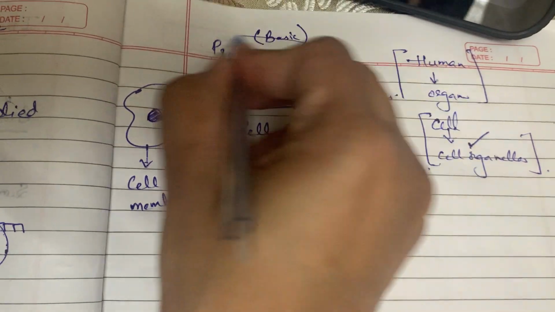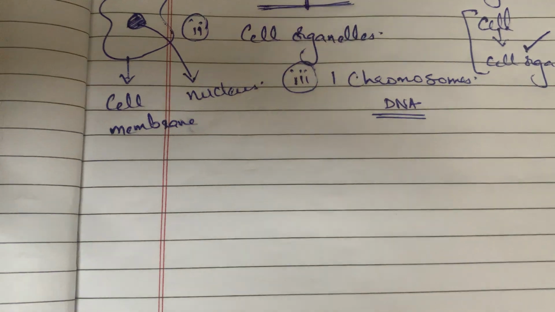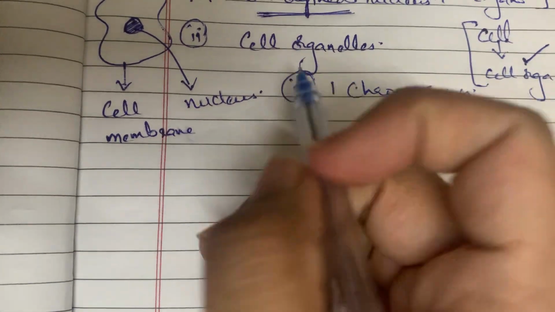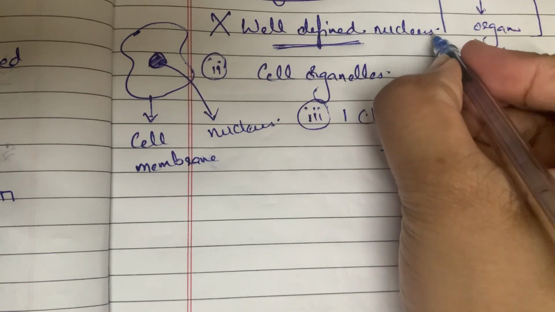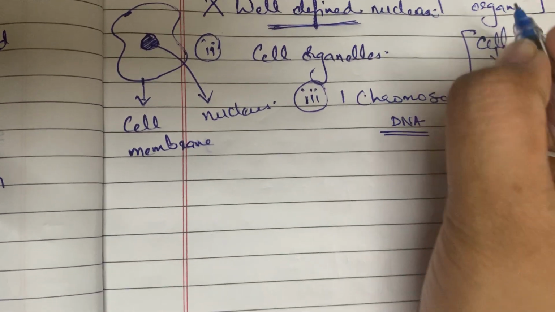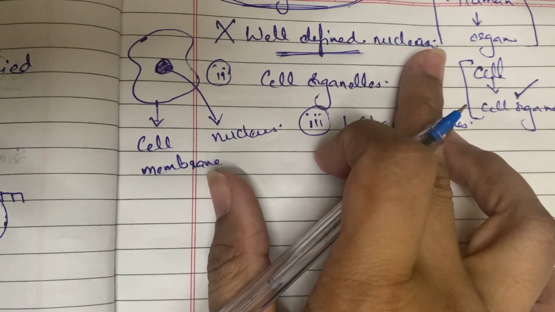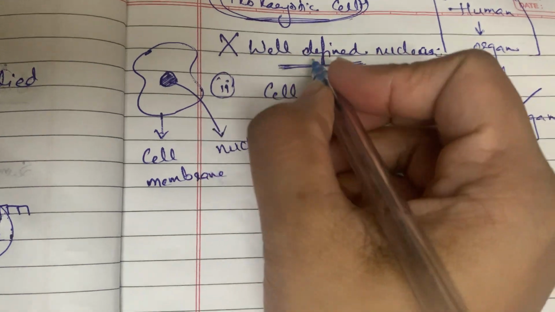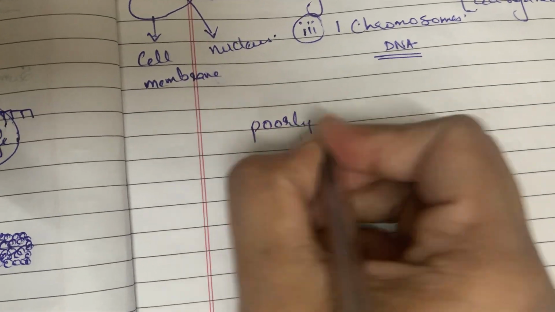So considering the prokaryotic cell, the nuclear region is poorly defined.